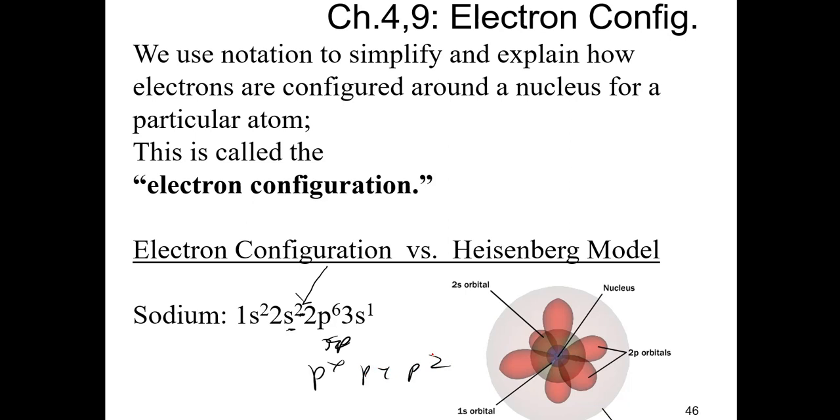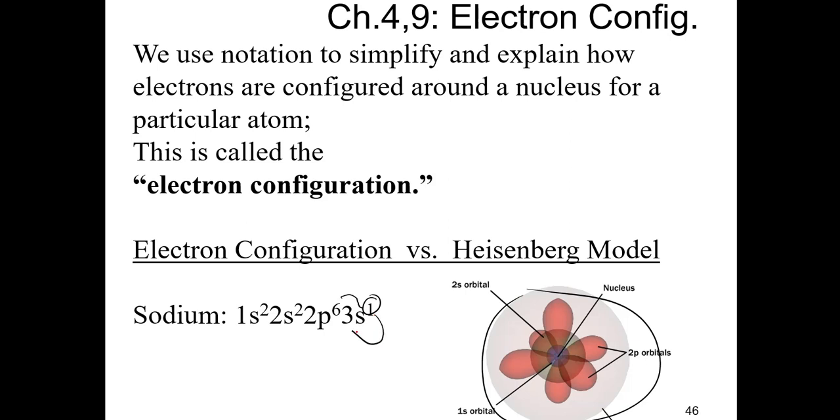So that's what I mean by 3 of the p orbitals. And each one can hold 2 electrons for a total of 6 electrons. And then in the third energy level, we're almost out of electrons. There's only one left. So that single electron is occupying the third energy level, and that third energy level is an s orbital.